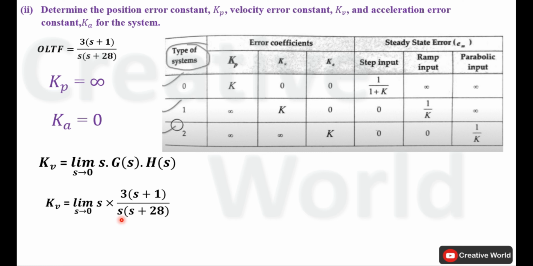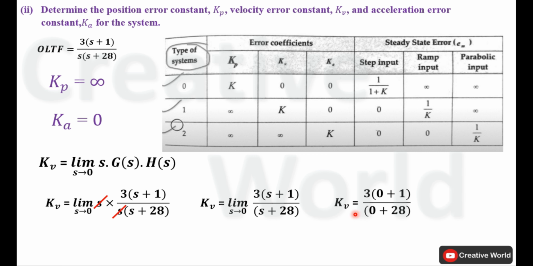This s in the denominator will cancel out with this s, and the only equation left is Kv equals limit as s approaches 0 of 3 into (s plus 1) divided by (s plus 28). Now apply the limit inside this equation. s will be replaced with 0 and it will become Kv equals 3 into (0 plus 1) divided by (0 plus 28). So the value of the velocity error constant Kv is 3 divided by 28.